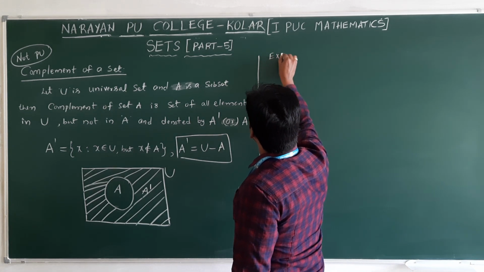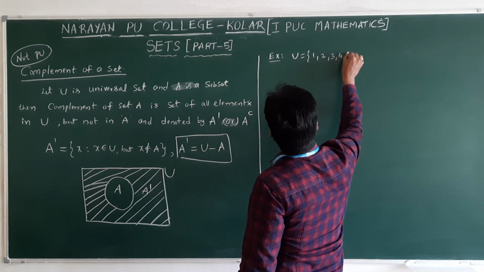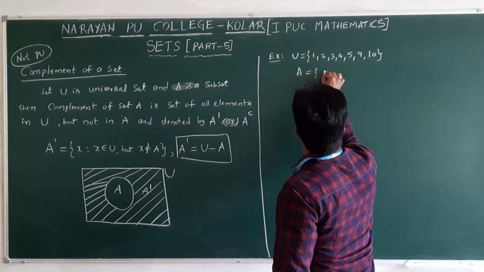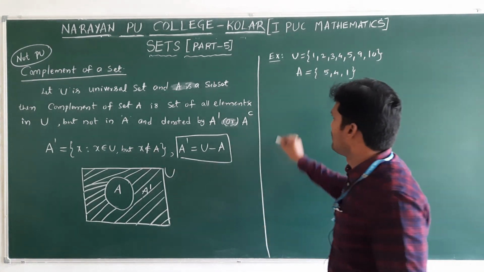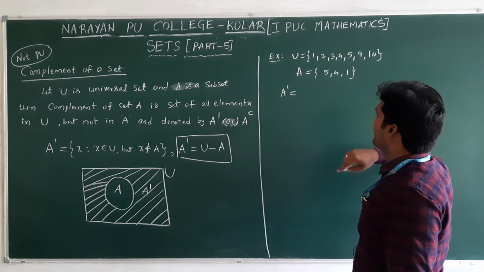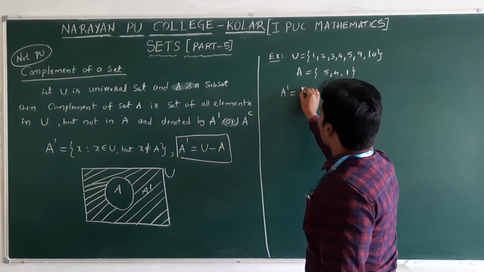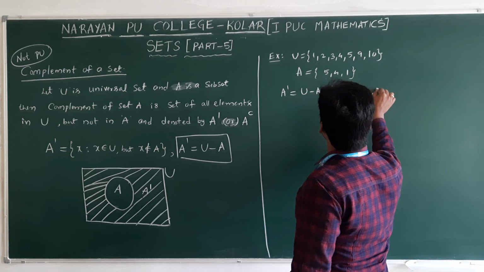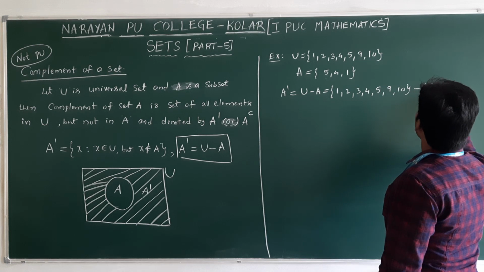Now I will take one example. Universal set is 1, 2, 3, 4, 5, 9, 10. A is the set 5, 4, 1. You want to find A dash. How to find A dash? A dash means the set of elements only in U but not in A. So U minus A: U is 1, 2, 3, 4, 5, 9, 10 minus the set A, 5, 4, 1.